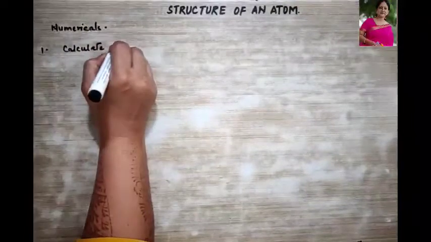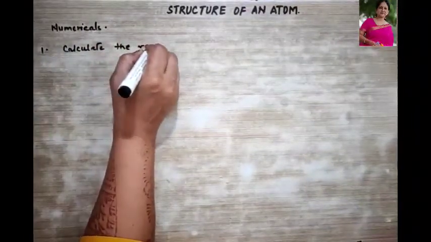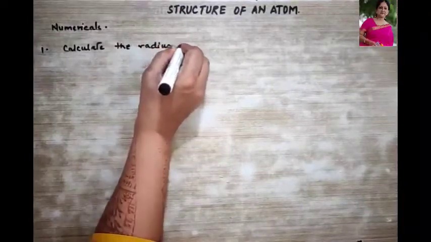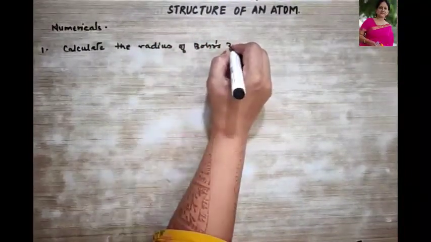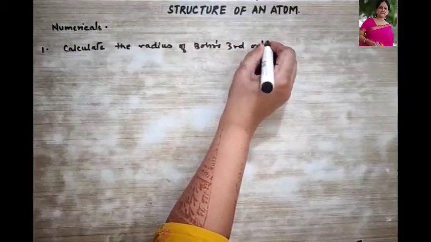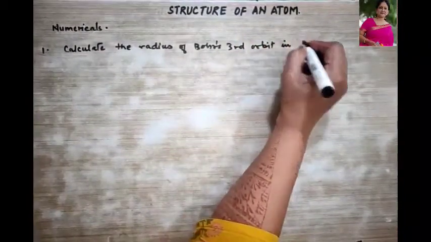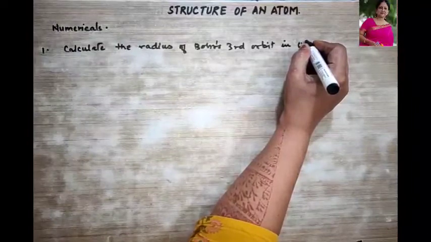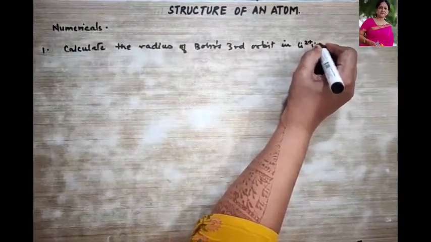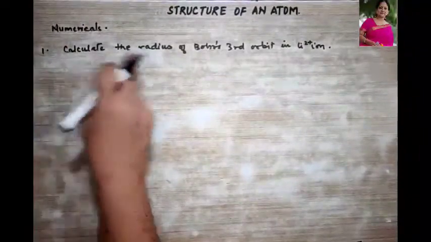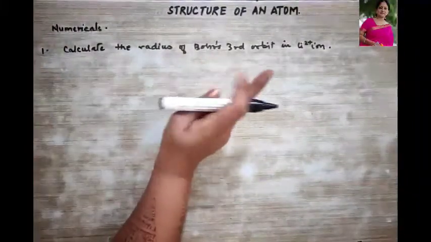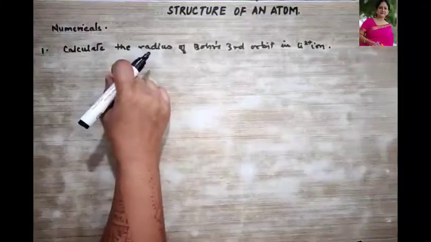Calculate the radius of Bohr's third orbit in the lithium 2 plus ion. So how are we going to solve this question?